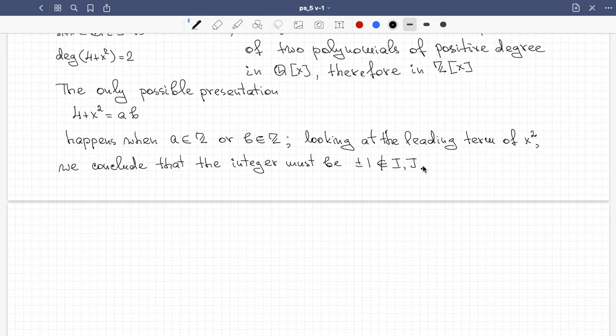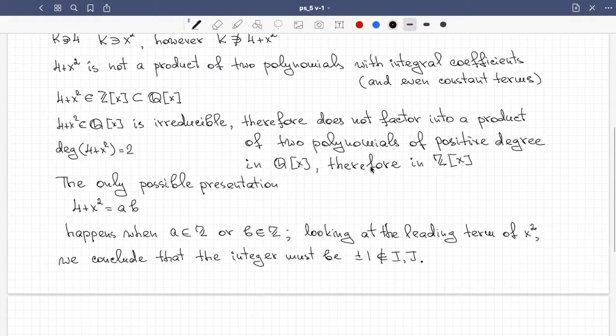That is more or less obvious. You write just an integer times a quadratic polynomial. Look at what may be the leading coefficient of the quadratic polynomial, and this integer, the leading coefficient, their product must be 1, so both are plus or minus 1, but plus or minus 1 is not in the ideal.